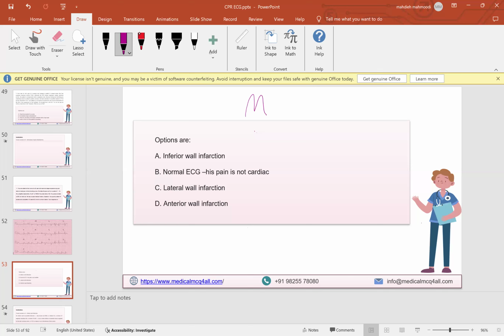Morphine, oxygen, nitrate, and aspirin. And aspirin, not only aspirin, antiplatelet therapy, because antiplatelet therapy is not only aspirin. You know, the loading doses of antiplatelet is 3 drugs.